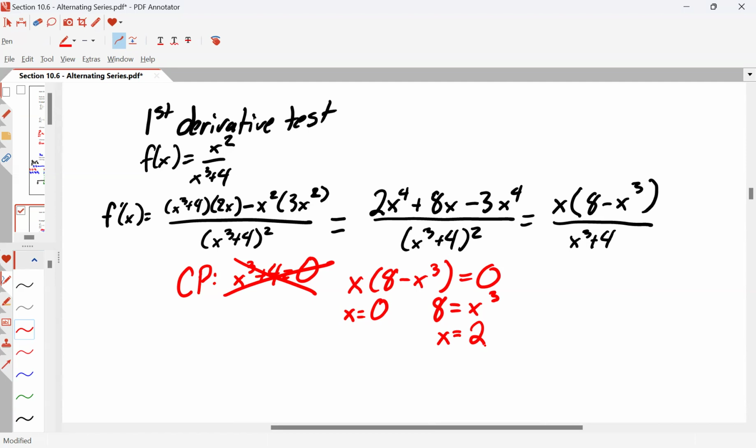And I'm actually going to back up and fix something I said. I said x cubed plus 4 is never 0. I said this because I was thinking about only positive values of x, because since we're looking at a series, we only care about positive values of x.